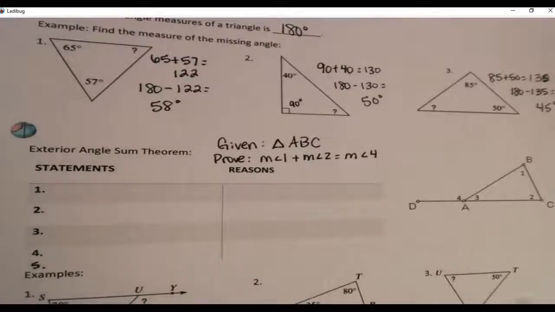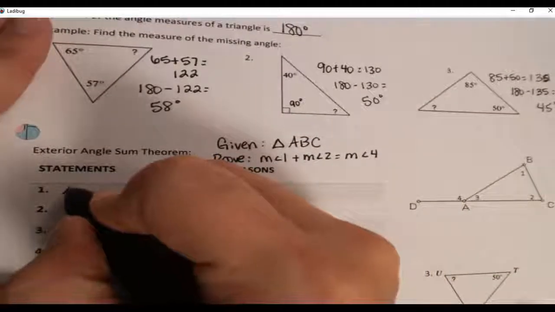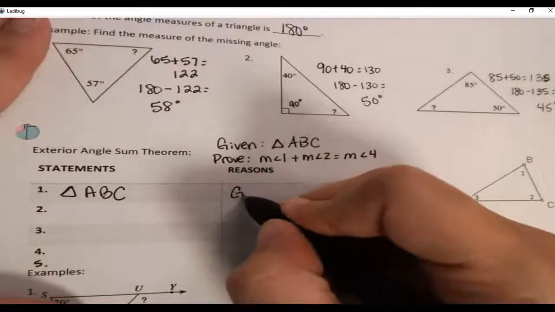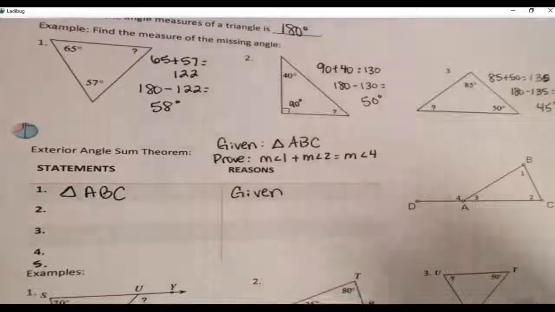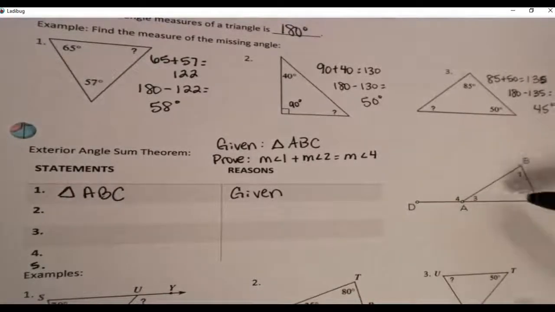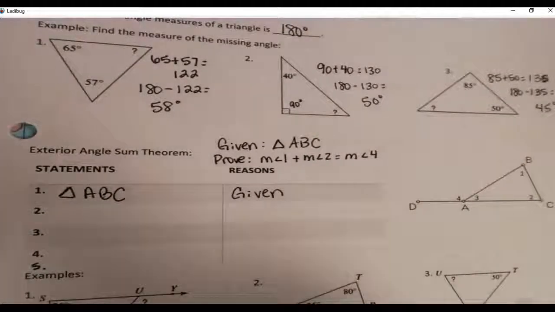So the first thing that we're given is that it's a triangle. So you're like, duh. But what does that mean about 1, 2, and 3? They equal 180. Good.